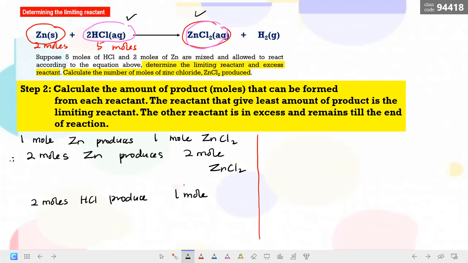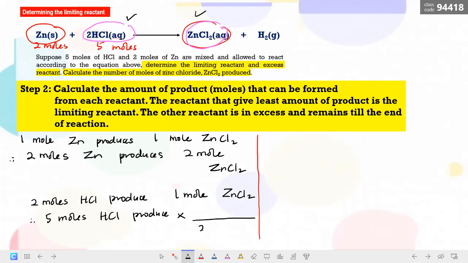Okay, 2 mole HCl produce 1 mole zinc chloride. If I have 5 moles HCl, so how many moles of zinc chloride produces? So gunakan perkadaran.